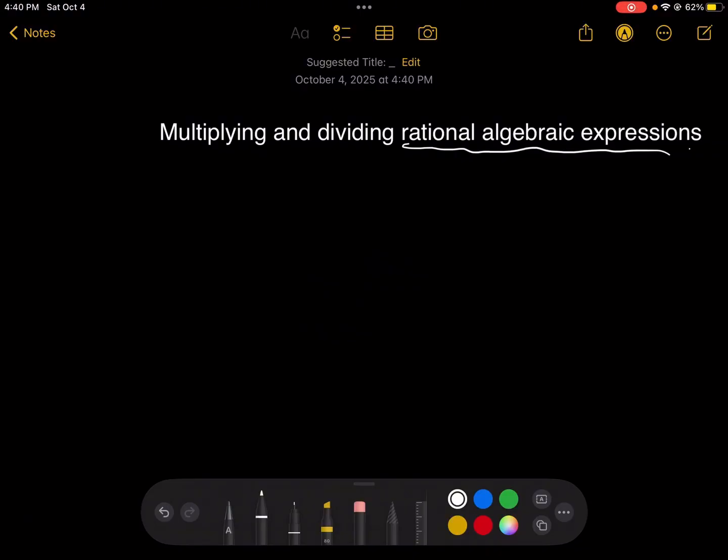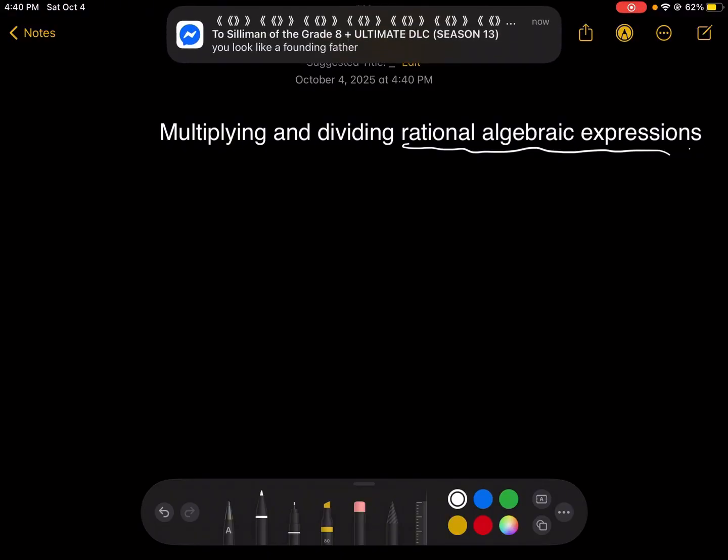But first, I'm gonna teach you two types of rational algebraic expressions that you can multiply and divide. It's basically like fractions, because rational means dividing or fraction. There's two types.